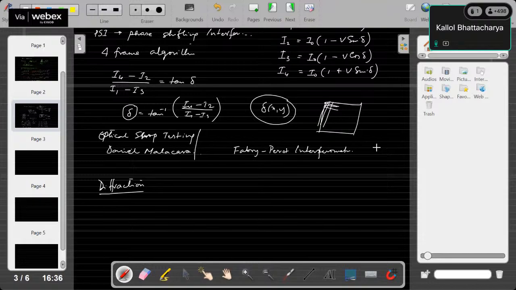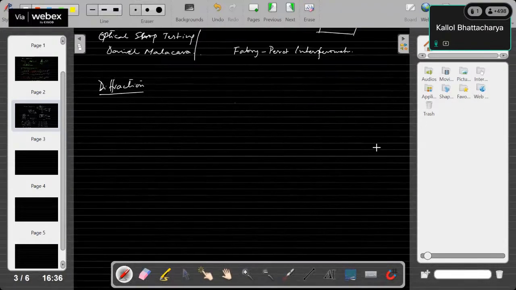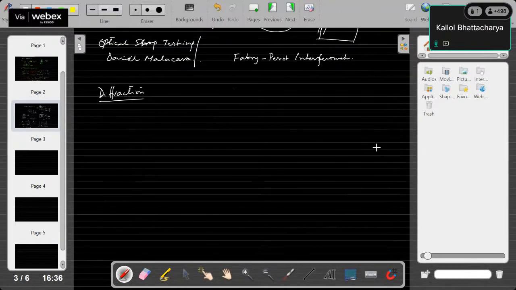Incidentally, this Twyman-Green interferometer or Michelson interferometer can be used to find the wavelength of light. In earlier days the standard meter was described in terms of the number of wavelengths of sodium D light.